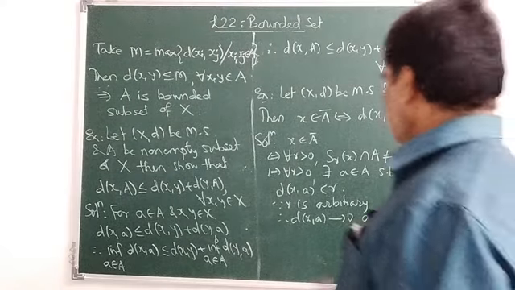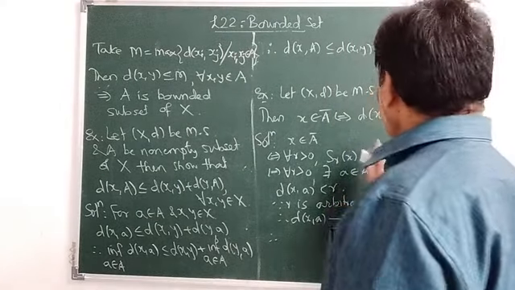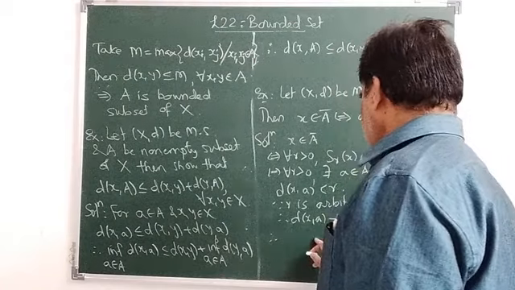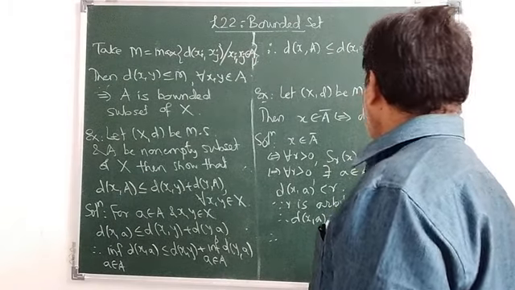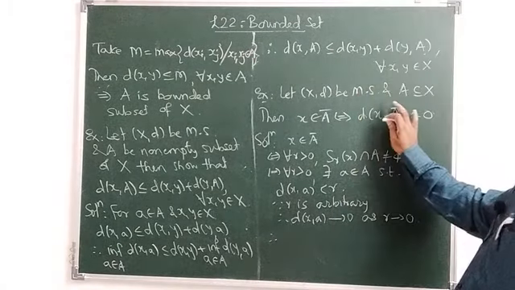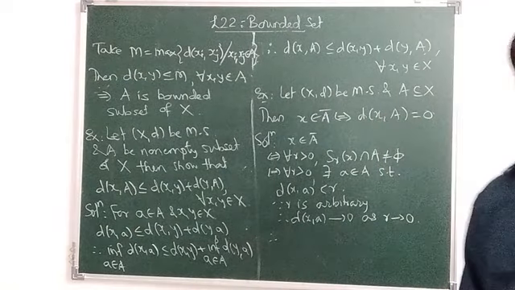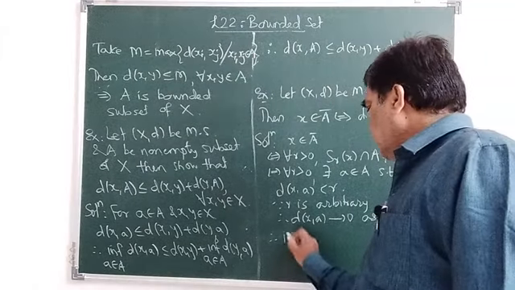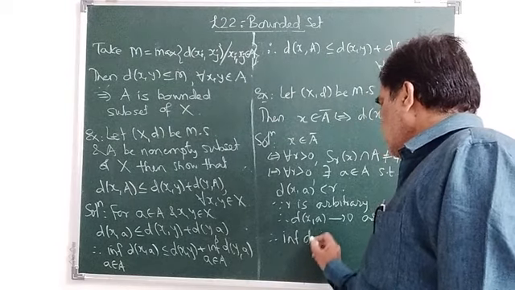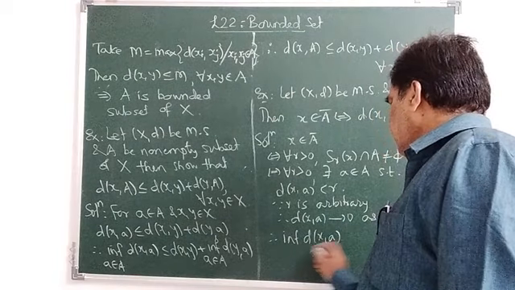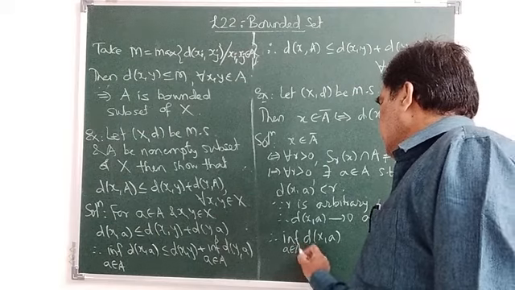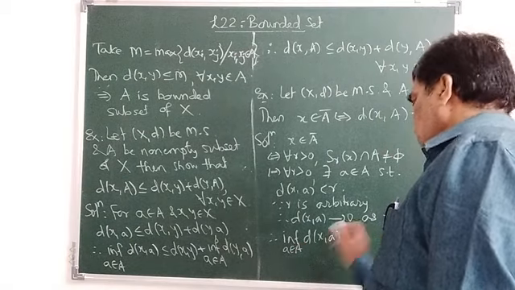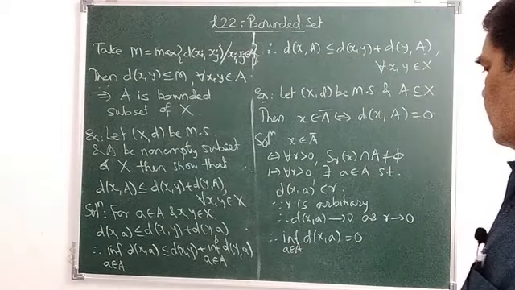And therefore the infimum of d of xa, where a varies in A, must be 0.